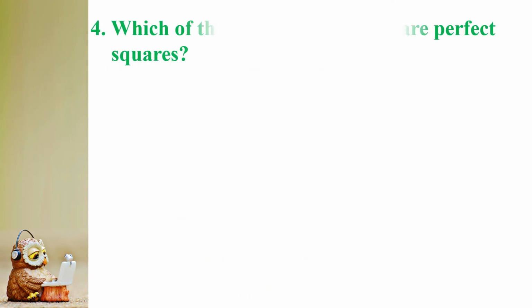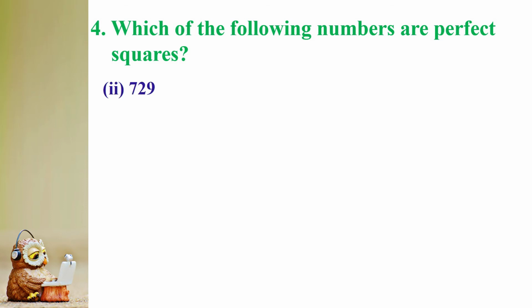Next sum. Which of the following numbers are perfect squares? 729. First, we find the prime factors of 729 using the prime factorization method. Write 729.